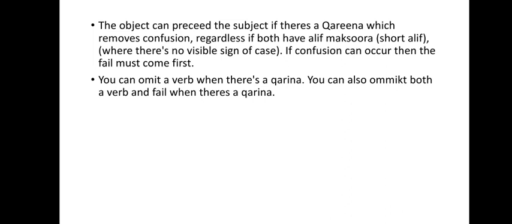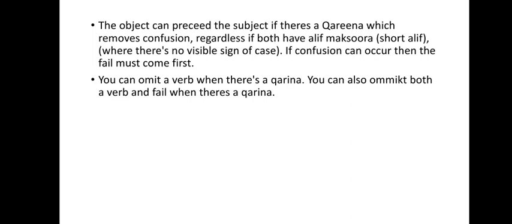In response, I could just say Zaid, because it's obvious from the question what the verb is. So in the example, the question itself is the qarina, the indication of what that verb is. So therefore, I don't have to say Zaid stood, even in English. Someone could ask me who stood, I could just say Zaid. So even in English, it's permissible for me to omit the verb here. Likewise, in Arabic, if someone asks me who stood, man qama, I could just say Zaid. I don't have to say qama Zaidun or Zaidun qama.